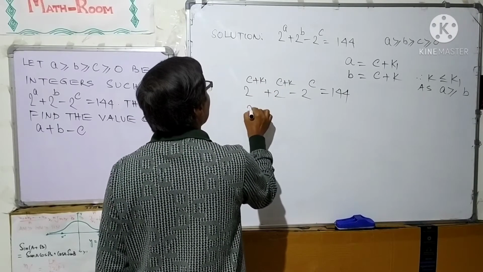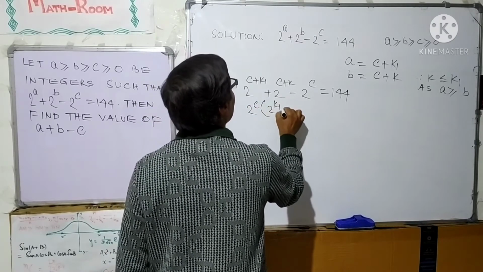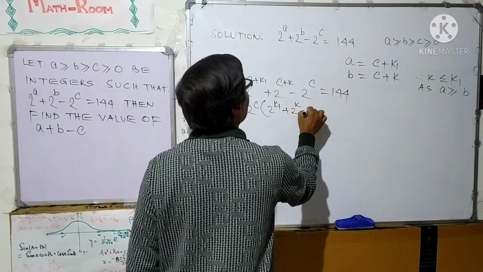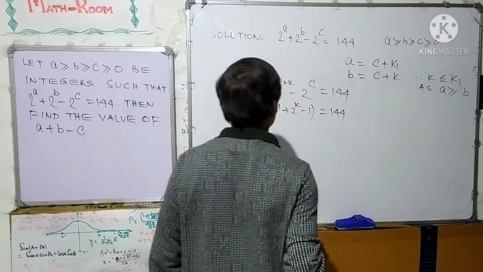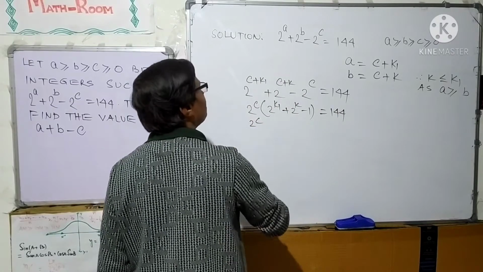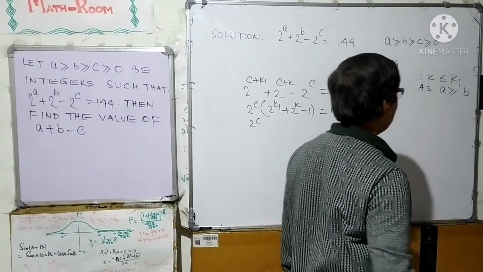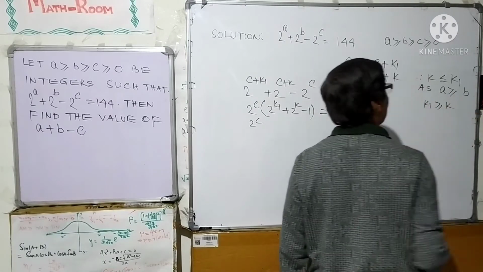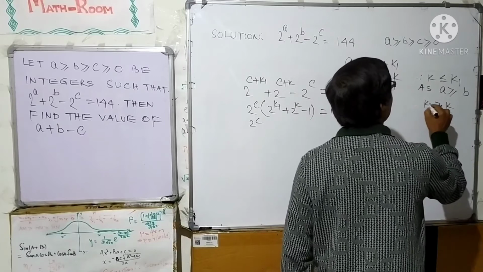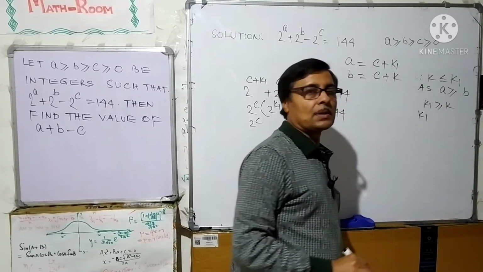We get 2^c (2^k1 + 2^k − 1) = 144. Here also k ≤ k1, that is k1 ≥ k.